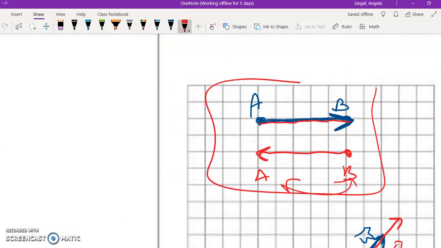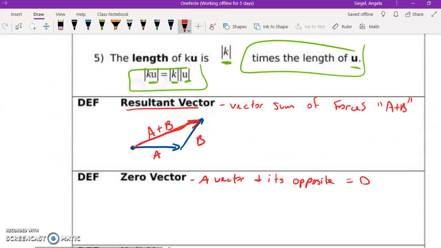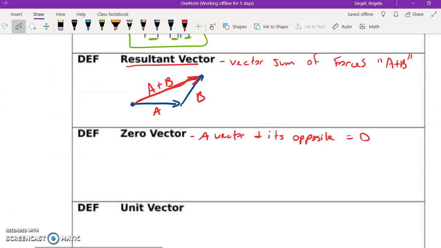This is an example of a 0 vector because let's pretend like we started here and we went 1, 2, 3, 4, 5 units this way. And then think about it in common sense terms. You went 5 back, so you're ending up in the same spot. So that's what that 0 vector really represents visually.